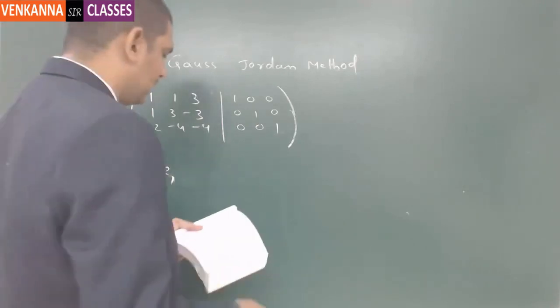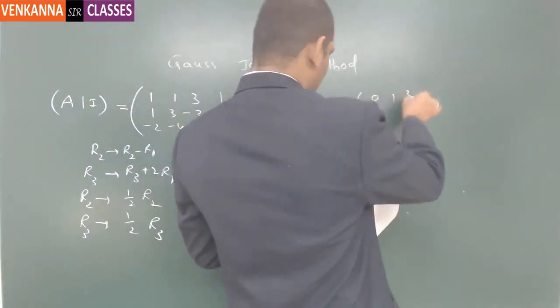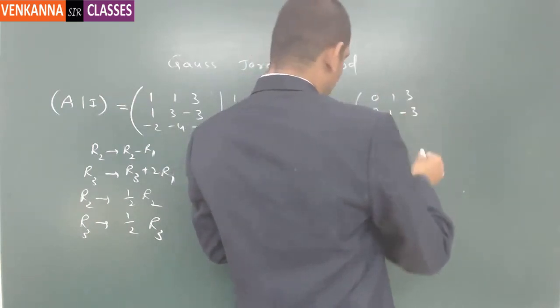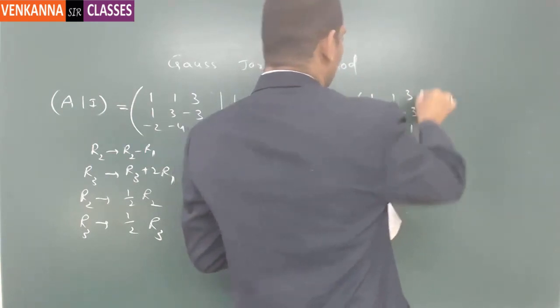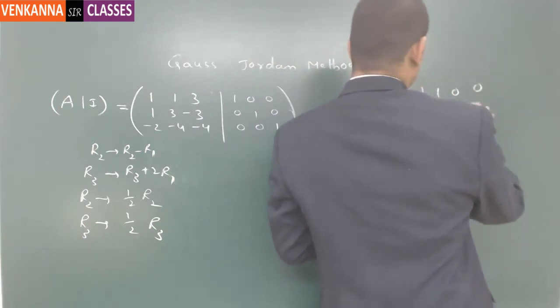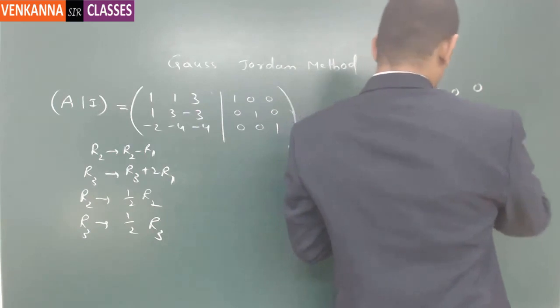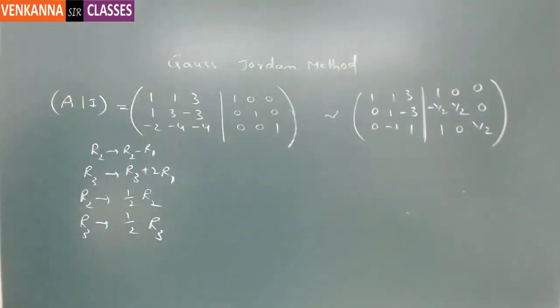Then you will get the matrix in the form as 0, 1, 3, 0, 1, minus 3, 0, minus 1, 1. So this will be the resultant matrix.